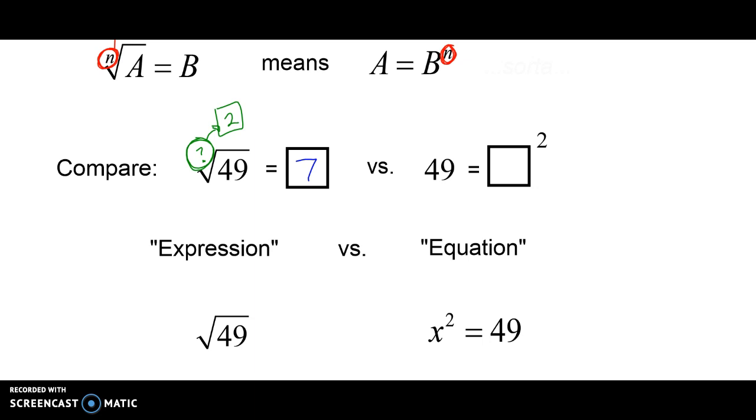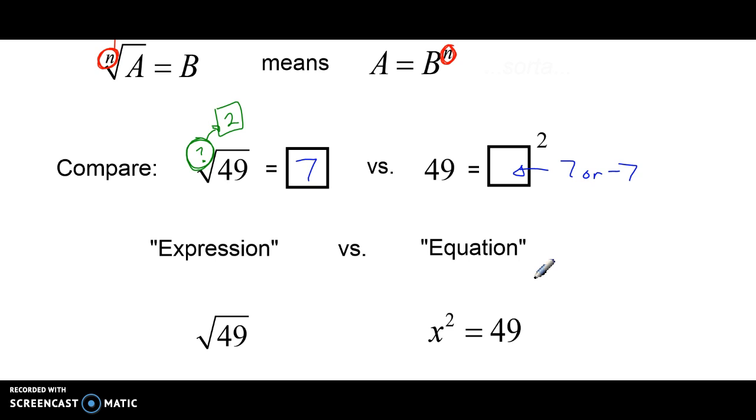An expression can be simplified, but it's meant to stand for just a single object. It doesn't have an answer, really. It is an answer. Whereas an equation is solvable, and the important thing about an equation is that it can have more than one answer. You know, something squared equals 49. Well, what about negative 7? Negative 7 works just as well as positive 7.